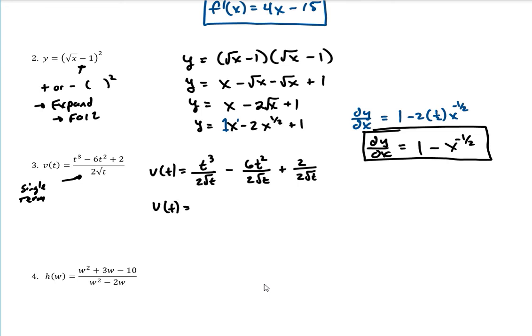So our v of t is t cubed over 2t to the 1/2 minus 6t squared over 2t to the 1/2, and then plus 2 over 2t to the 1/2. Okay, so I rewrote all of the bottoms as powers instead of radicals. And then now we'll apply our rules to simplify.